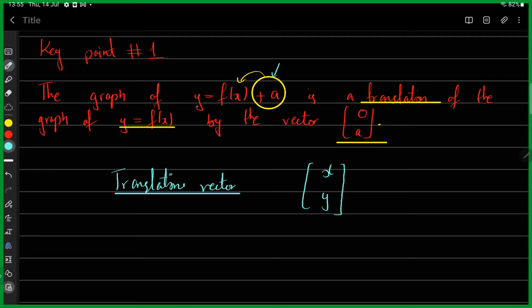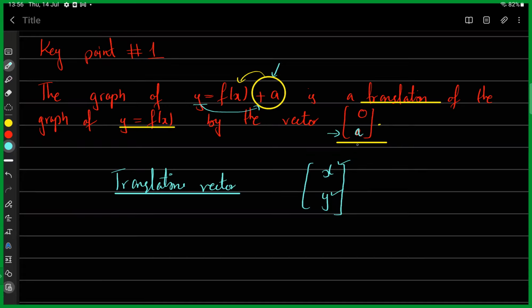Basically, we have just added a number in y, so we only have a over here where we have y. Okay, in translation vector we have two coordinates, we have x and we have y. It could be that the translation is both in x and y. I'll come to that later on. For the example that we have just discussed and for this key point number 1, just know whenever you are doing anything in the y-axis, whenever you are adding something to the function, that would basically mean you're adding something to y, or you're subtracting something to y.